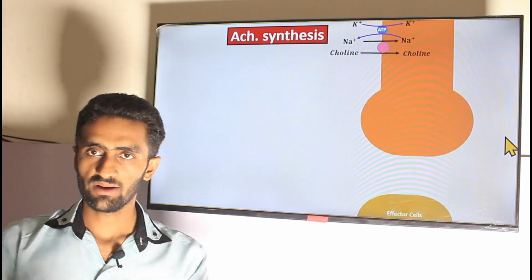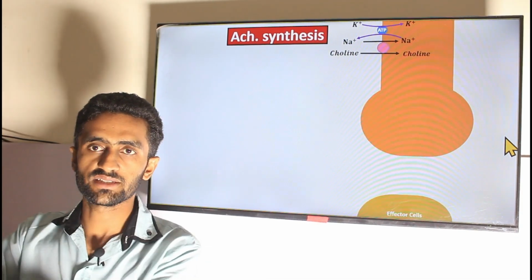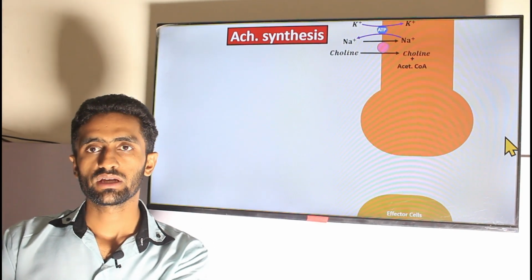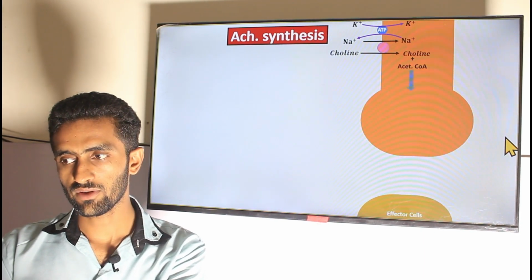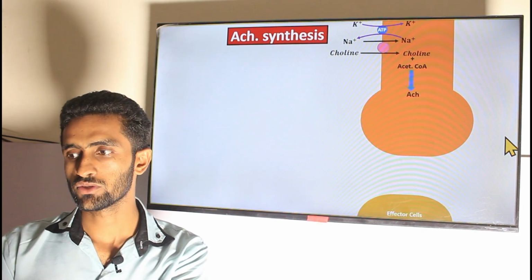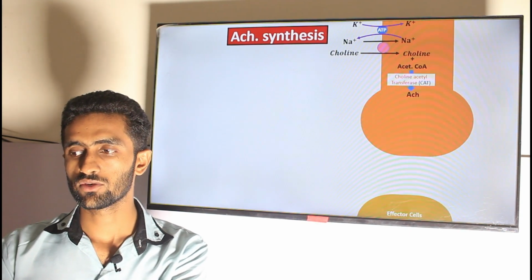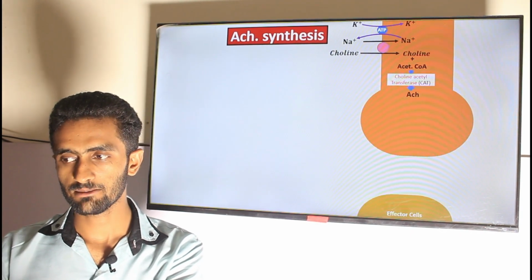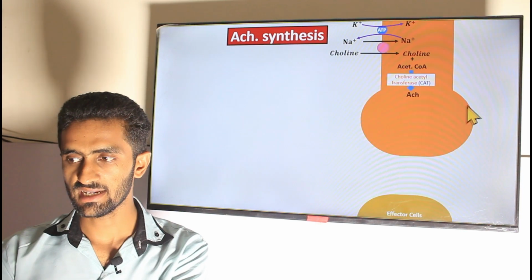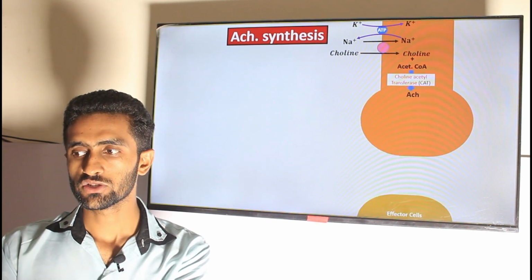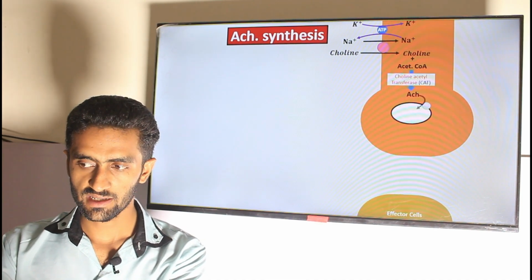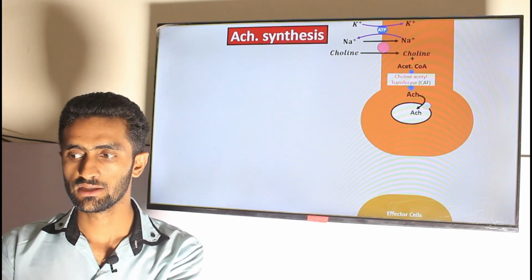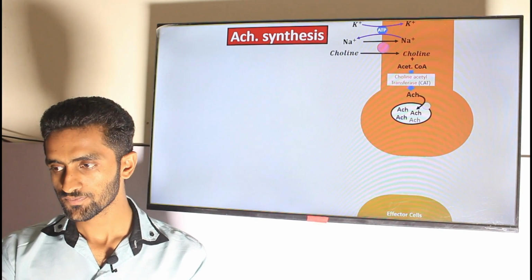Then the choline binds with acetyl CoA and forms acetylcholine. This acetylcholine is synthesized with the help of the enzyme choline acetyltransferase, CAT in short, and then by a transporter it goes into storage.